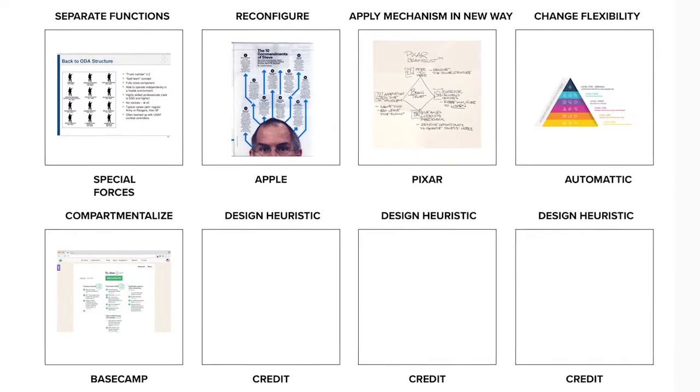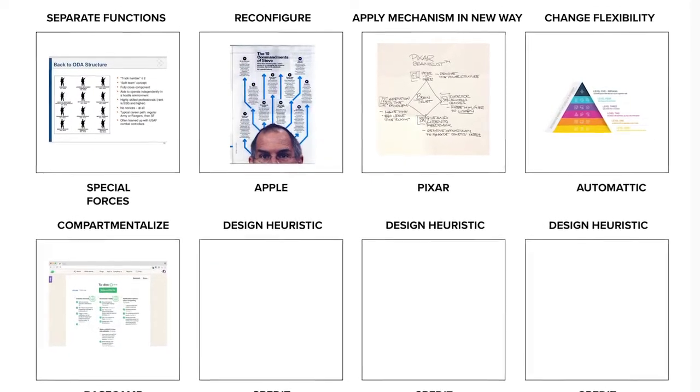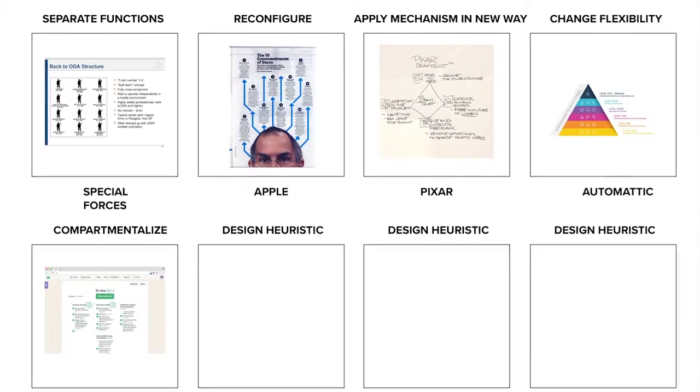Everything from how Pixar runs their brain trust, to how the company Automattic, also known as WordPress, approaches being flexible. And so you've got these design heuristics and awesome examples to draw inspiration from as this team moves forward, rethinking their culture. So it works for culture work as well.